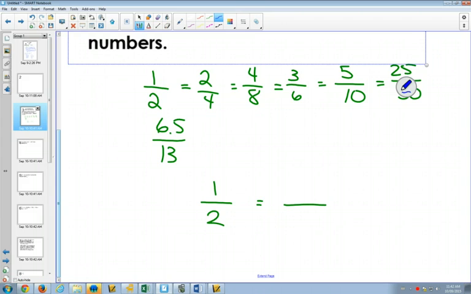So if we pick a random number, anybody have a favorite number? 8? All right. If we picked 8 and you multiplied the top by 8 and the bottom by 8, you would get 1 times 8 is 8, 2 times 8 is 16. Those would be equivalent, because 8/16 is the same as a half. So you can make an equivalent fraction by multiplying or dividing.